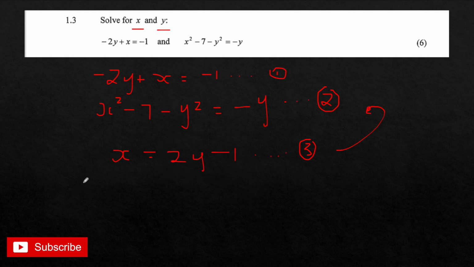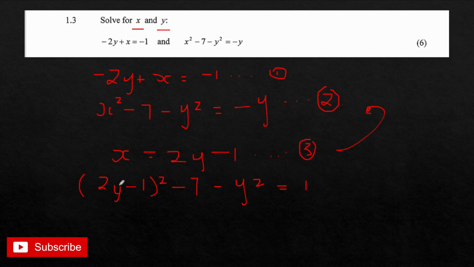So it will be 2y minus 1 squared minus 7 minus y squared is equal to minus y. All I did was to put the equation in here. So I will expand this.